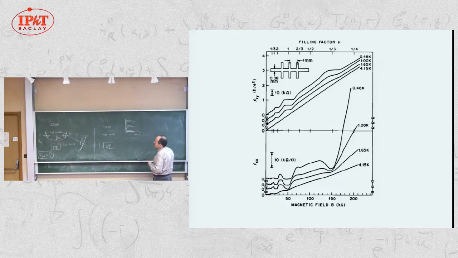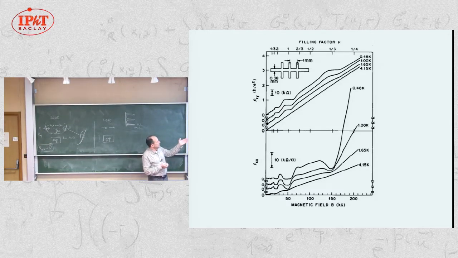A direct proof of that is that, of course, in these experiments, the gap shows up as an activation law, so that you can measure this gap. And you can access its order of magnitude, and the order of magnitude is given by the Coulomb energy scale. The Coulomb energy is e squared over epsilon r, divided by some permittivity constant, which in gallium arsenide is of the order of 12, so it's not really unity.